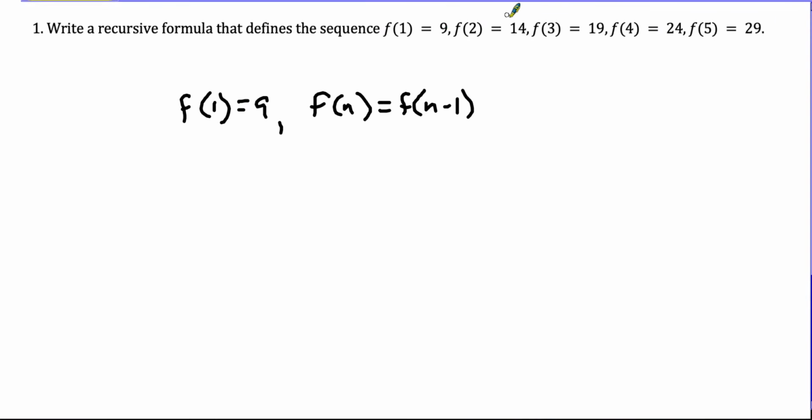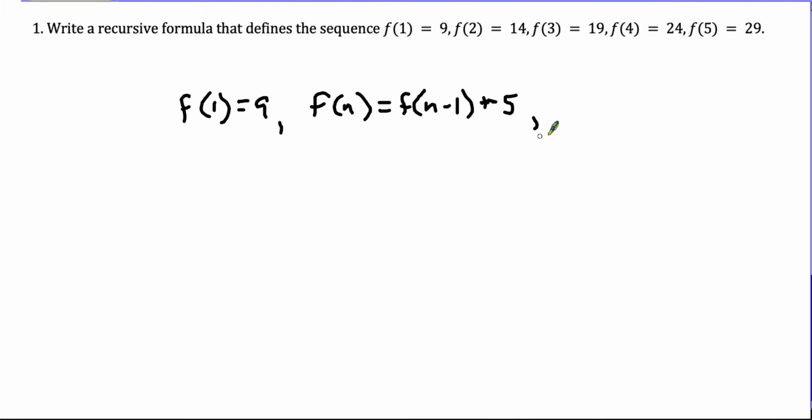So we have to examine our sequence here and see what we're doing to get to each term. So I go 9 to 14 to 19 to 24 to 29. We can see that we are adding 5 every time. So my rule would just be to take the previous term plus 5, like that.